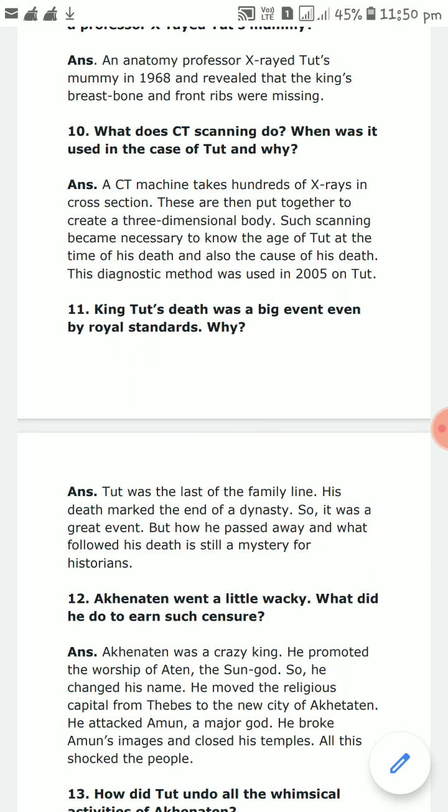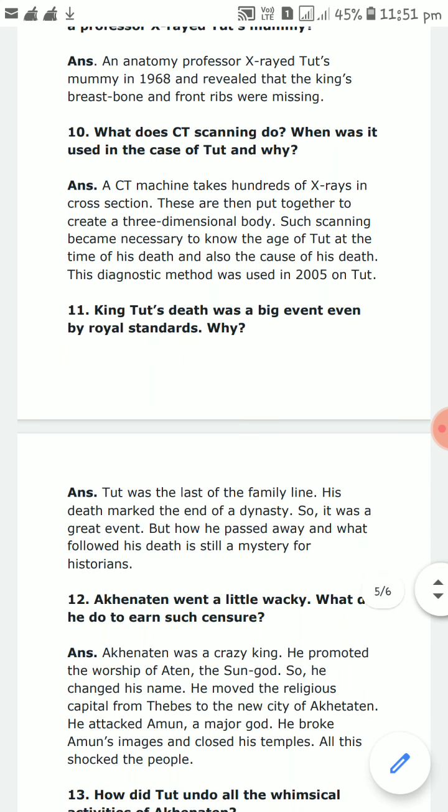And not only that, that is one reason. Another is the cause of his death, or rather the cause of his untimely death at a very young age. This diagnostic method was used in the year 2005 on King Tut.